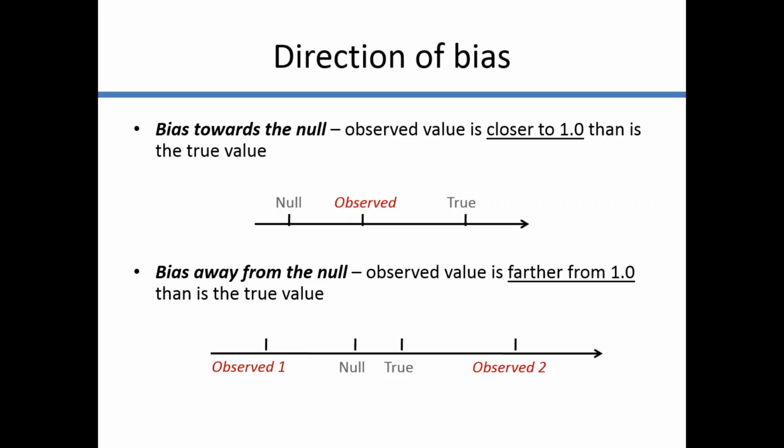Just like if you found 0.3 when the truth was 0.6, it would be away from the null. If the truth was 1.5 and you found 1.2, you're still saying there's a relationship, and you're still saying it's a positive relationship, but you've underestimated it because your bias was toward the null.